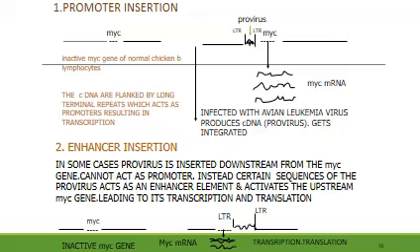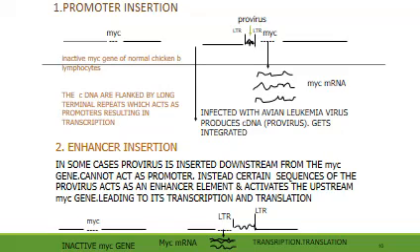This gets integrated into the host DNA, and it is flanked, as you can see, by long terminal repeats, both on the left side and the right side. So the copy DNA, which is flanked by long terminal repeats, acts as the promoter, resulting in the transcription and translation of the MYC gene. And this can result in malignancy.